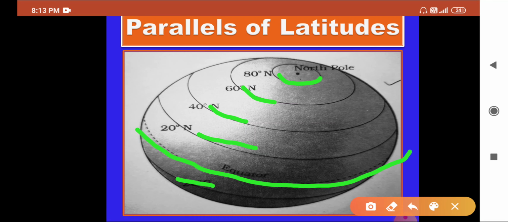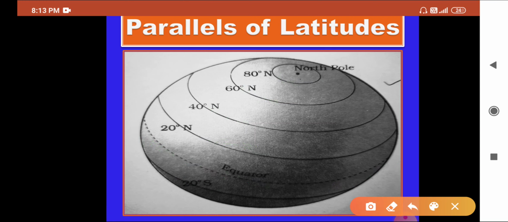These lines are parallels of latitude. Here you can see that these parallels of latitudes are shown.